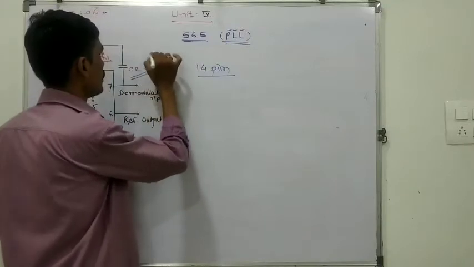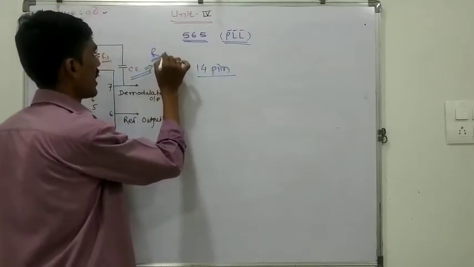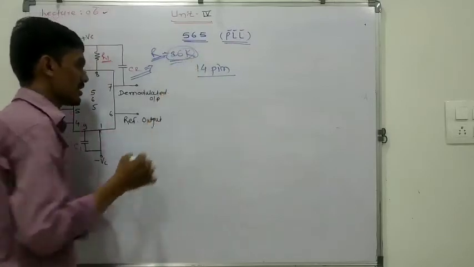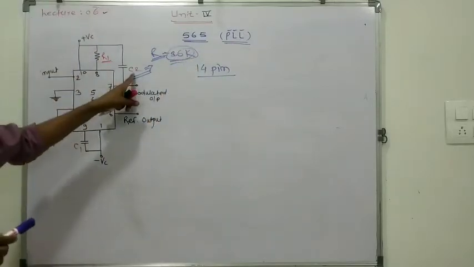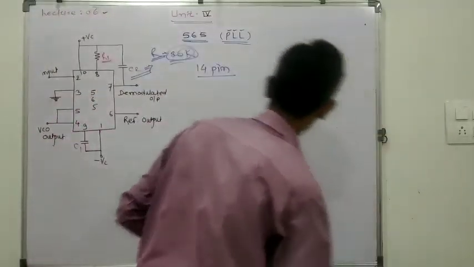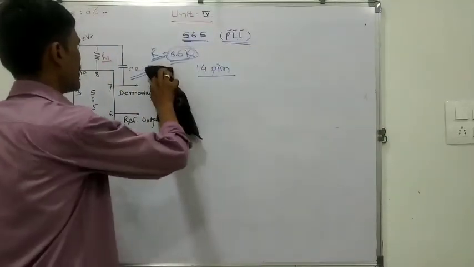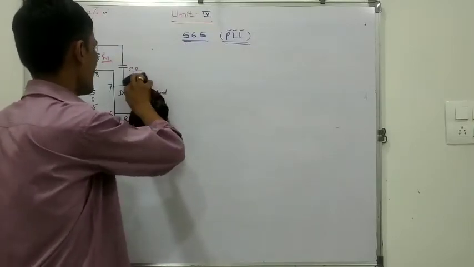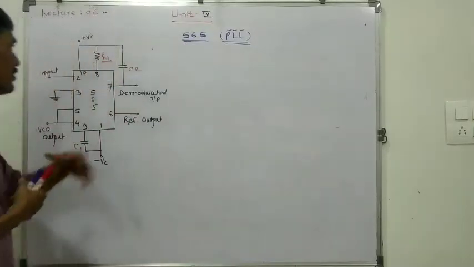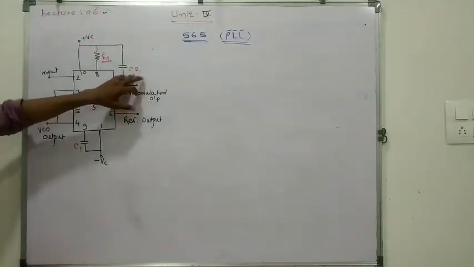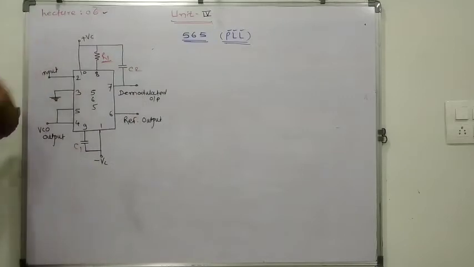So this internal resistor and the external capacitor act as a low pass filter. We don't go into the internal schematic of the 565. C2 is the capacitor used for the low pass filter.